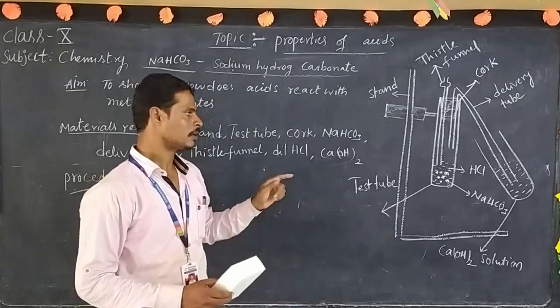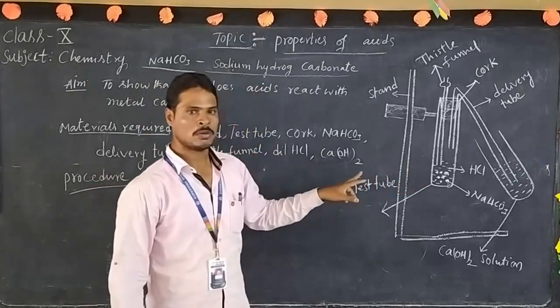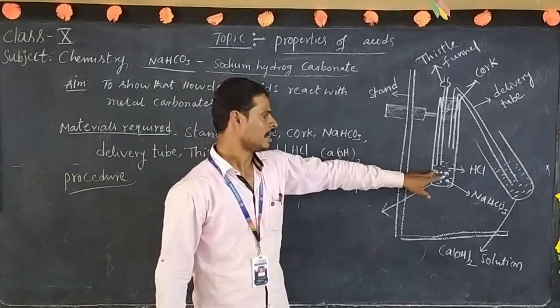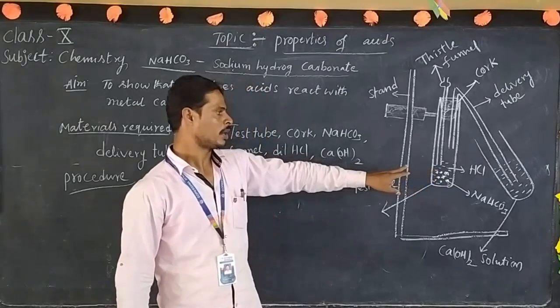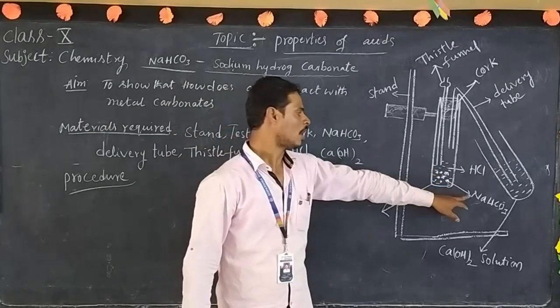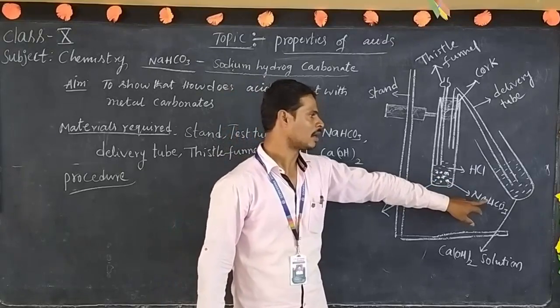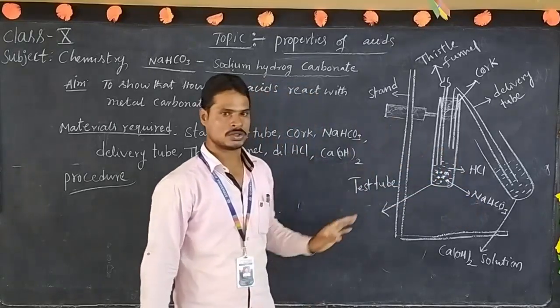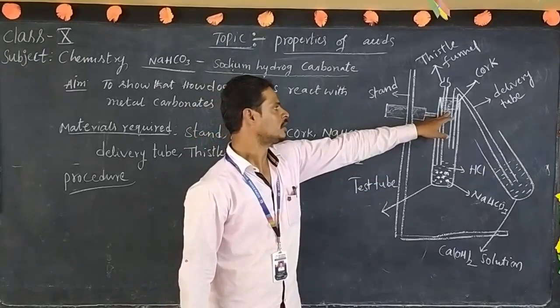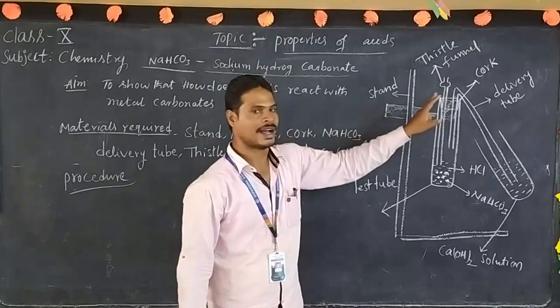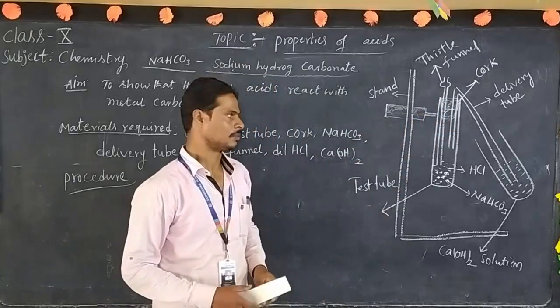So once again I repeat. Procedure point number 1: take a small test tube. Point number 2: add some sodium bicarbonate in the test tube. Point number 3: the test tube mouth is closed with the cork. It has two holes.